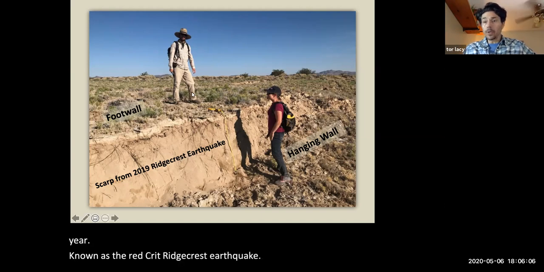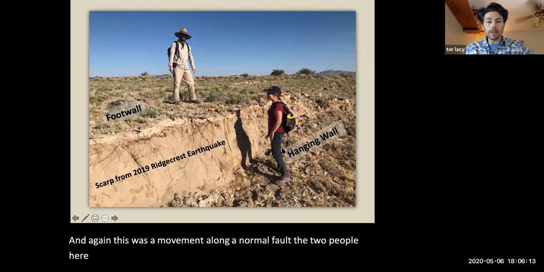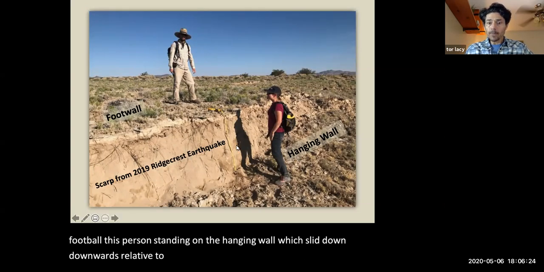Again, this was a movement along a normal fault. The two people here are standing on opposite blocks. This person is standing on the footwall, and this person is standing on the hanging wall, which slid downwards relative to the footwall, exposing the fault surface.